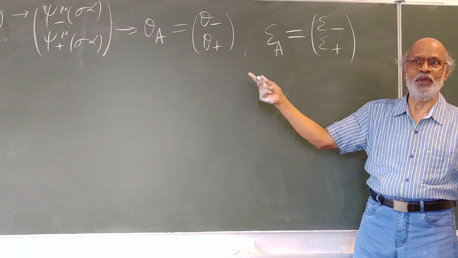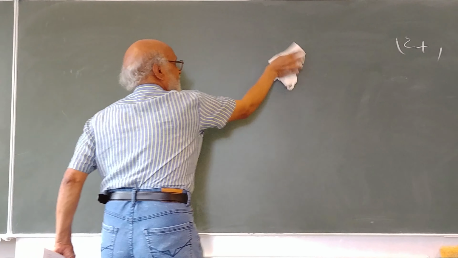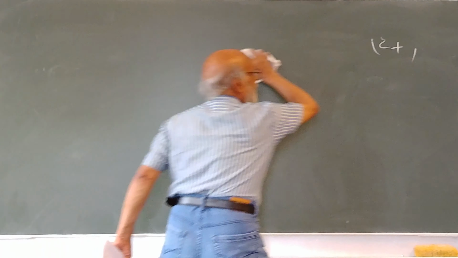We can note down here that sigma alpha is enlarged to sigma alpha, theta A. Let me not use this symbol here anymore, so that I do not confuse you with that. So theta A anti-commutes: theta A theta B plus theta B theta A equals 0.